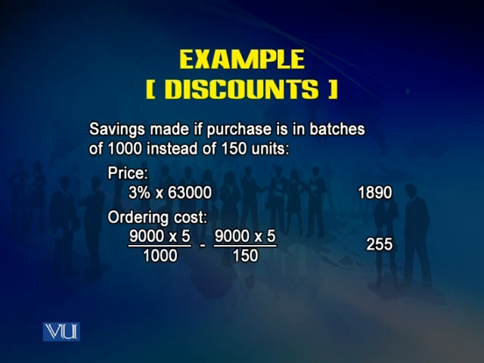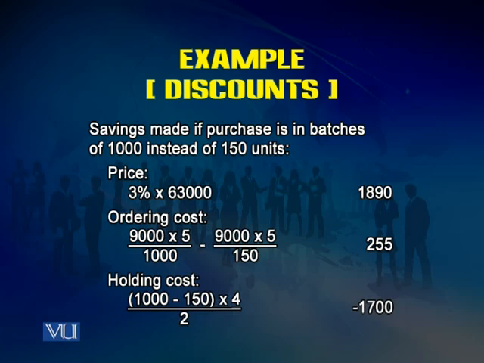Ordering cost: 9,000 divided by 1,000 gives 9 orders, multiplied by 5, minus 9,000 divided by 150, which is the EOQ, giving the required number of orders, multiplied by 5. The difference between the ordering cost for the two order sizes would be 255. That is the ordering cost saved because fewer orders will be made.